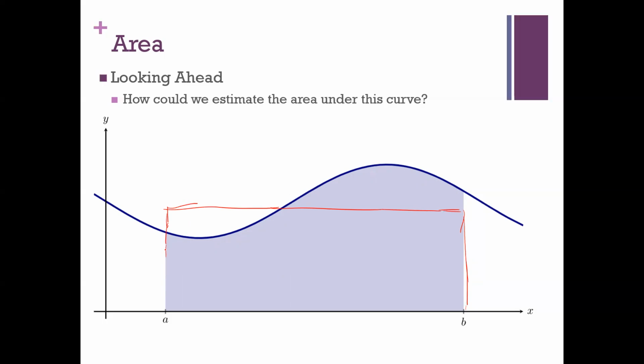So how good of an estimate is this going to be here? Not really good, right? So basically what I'm trading is accuracy for simplicity. I don't know how to find the area of whatever that shape is called, but I know how to find the area of a rectangle. Well, if I measure that height, then I'm basically done. Is there any way to make this a little better?